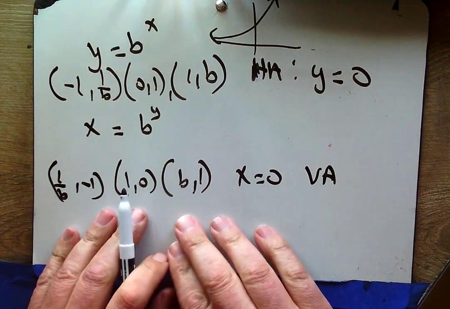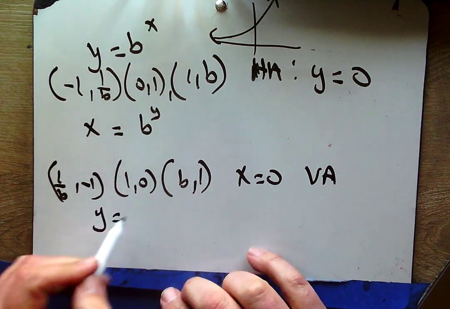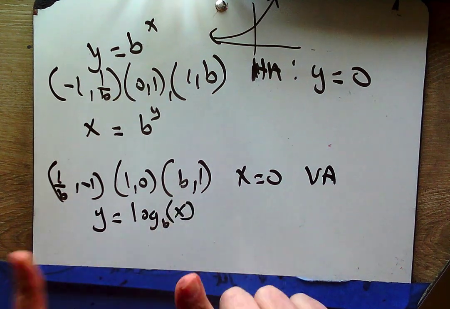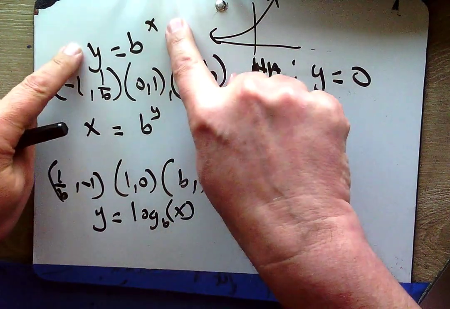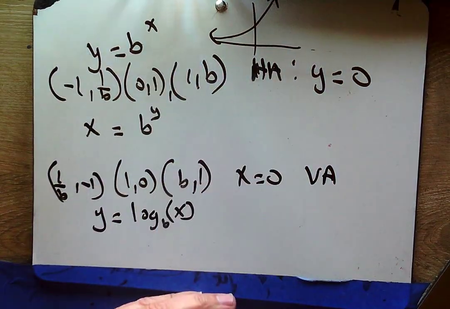Well, the function that is the inverse of an exponential is y equals log base b of x. This is the inverse of this. Log is an inverse of an exponential.